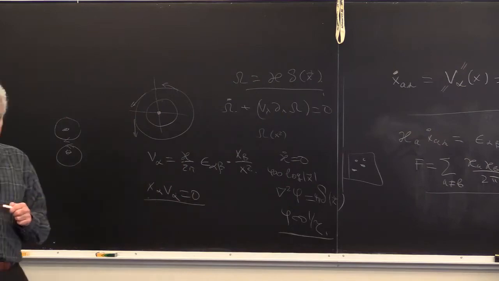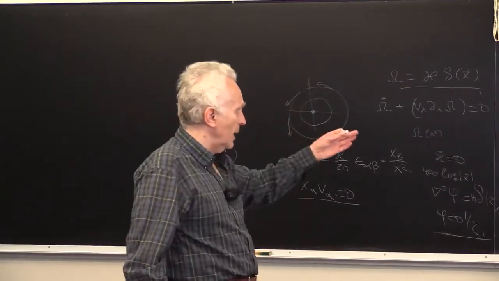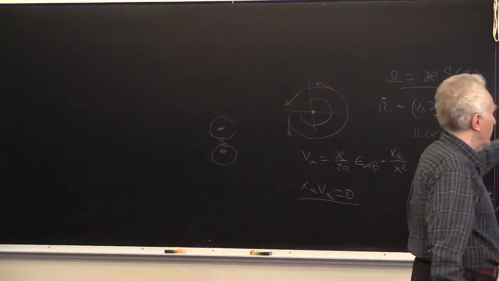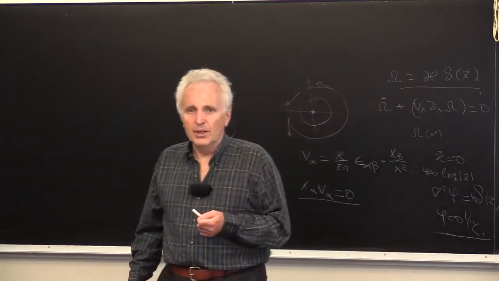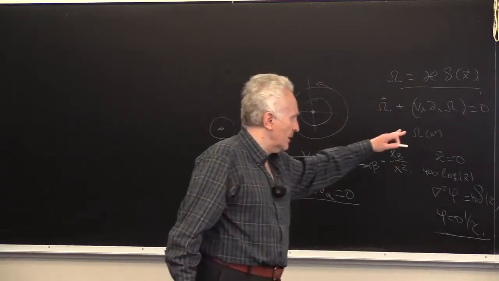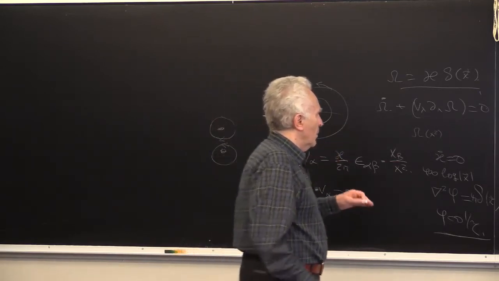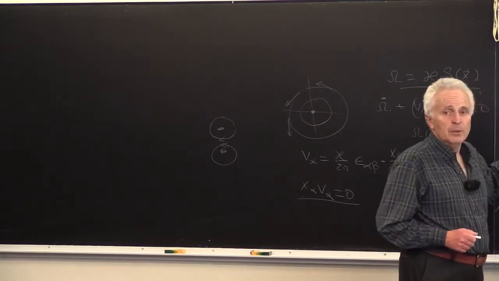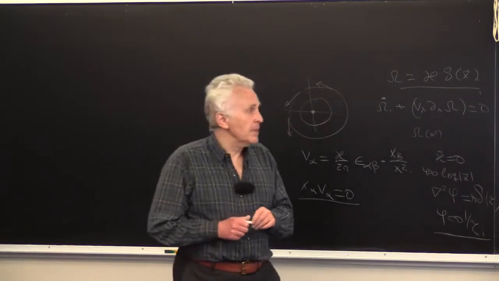Yes, just negative d potential by dx. Yes, okay, that's what we basically have here. But what about the left-hand side? In the case of vortices, the left-hand side is here. What would it be for charges? The second derivative. Yes, it will be the second derivative.